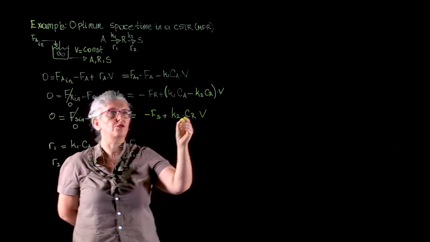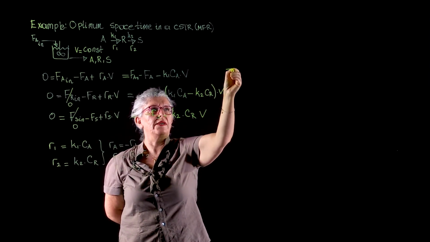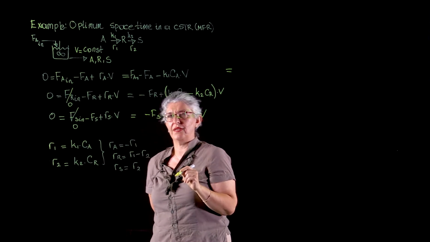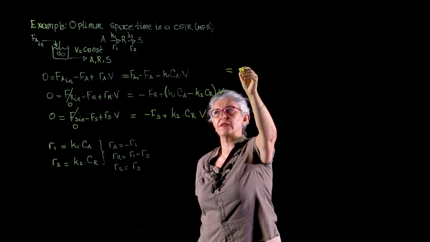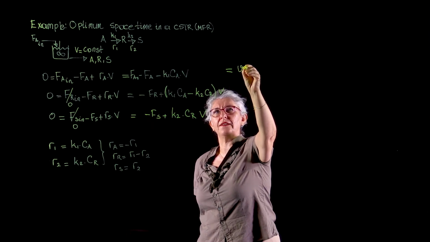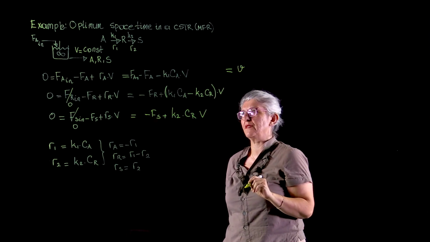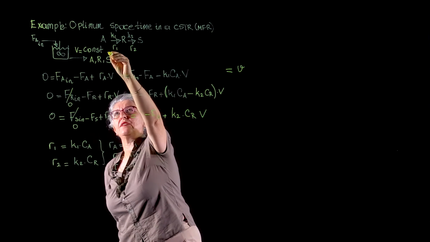We're going to substitute Fa0, Fr, and Fs in terms of volumetric flow rates and concentrations. Our volume is constant, and the volumetric flow rate is constant.